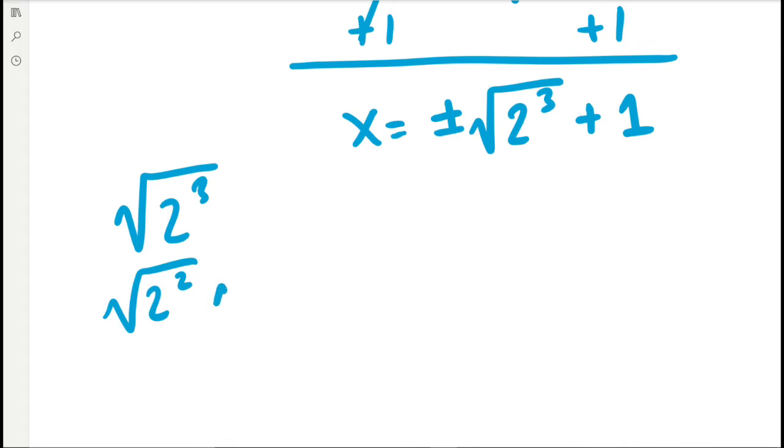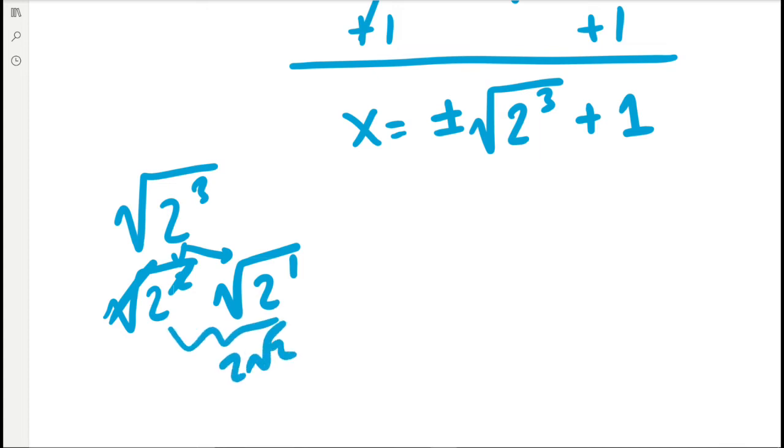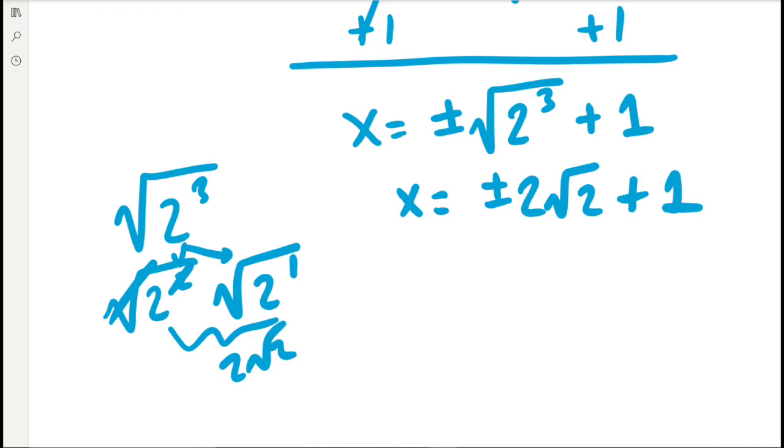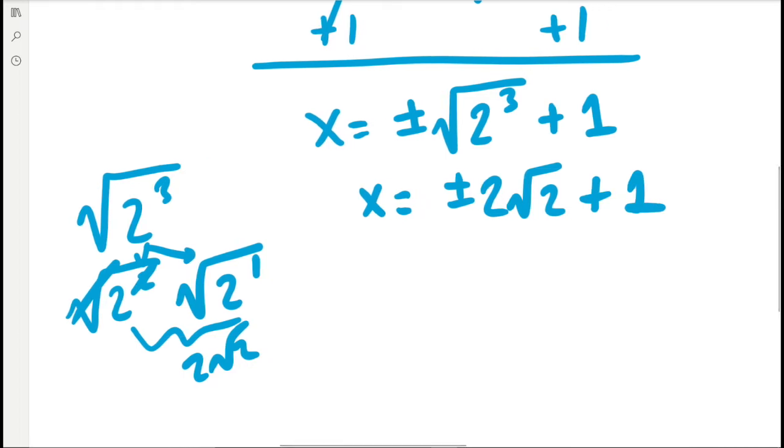Let me rewrite the other problem here real quick. So then these cancel, leaving me with 2 and then the square root of 2. So this becomes 2 square root of 2. I'm going to plug that in here. So x is equal to plus or minus 2 radical 2 plus 1. That is my solution, if you will.